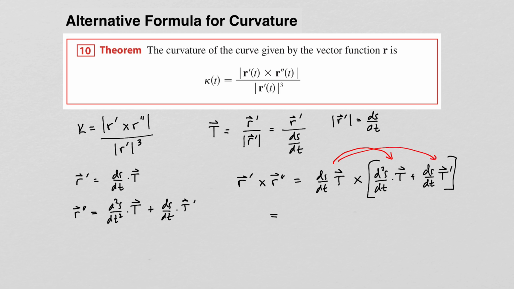And this becomes ds/dt times T cross the second derivative of s with respect to t times T, plus ds/dt times T crossed with ds/dt times T prime.